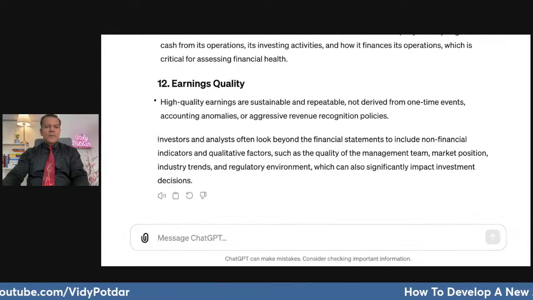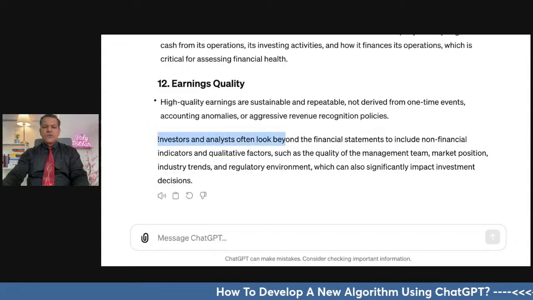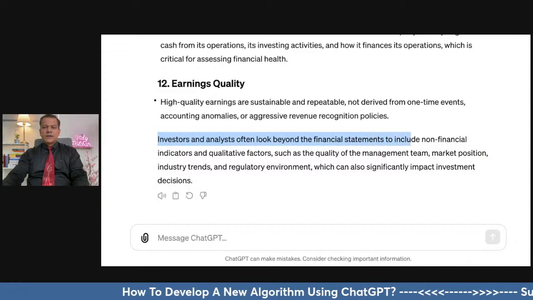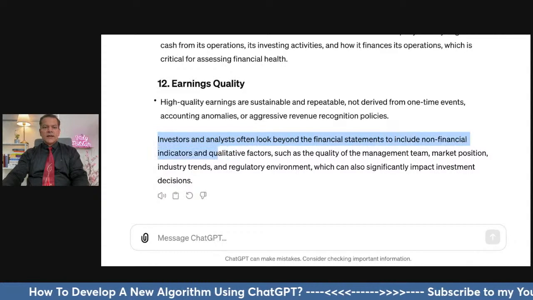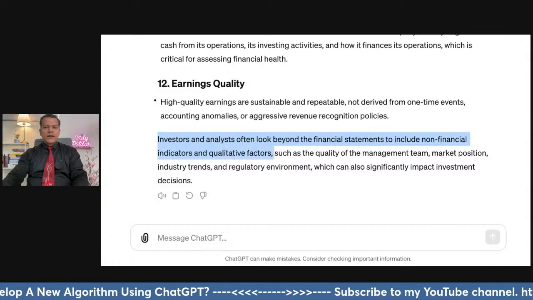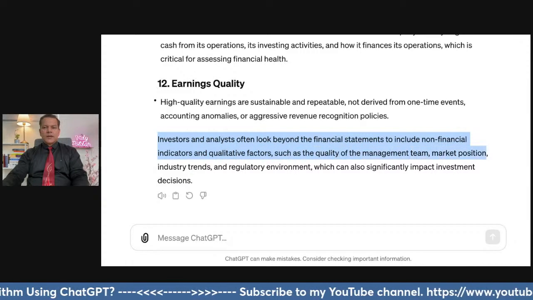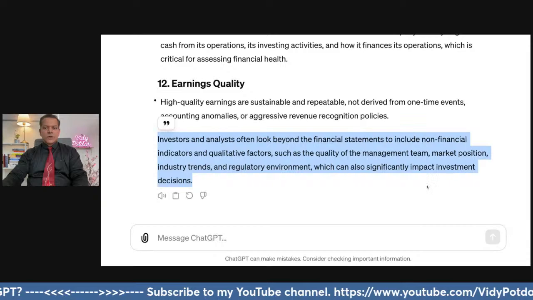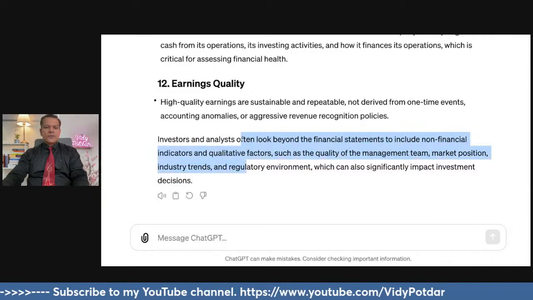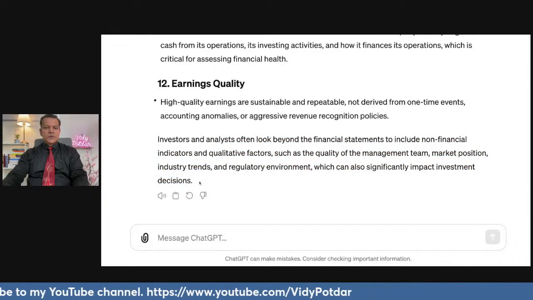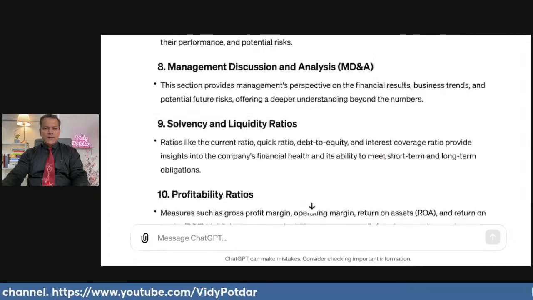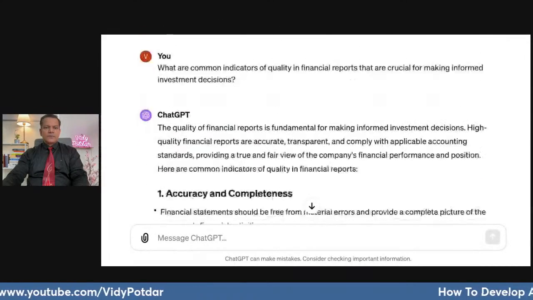So these could all be the parameters that would go in the algorithm, right? Investors and analysts often look beyond the financial statement to include non-financial indicators and qualitative factors such as quality of management team, market position, industry trends, and so on. So other than these 12, in a real situation, these could also be used. But let's look at these 12.